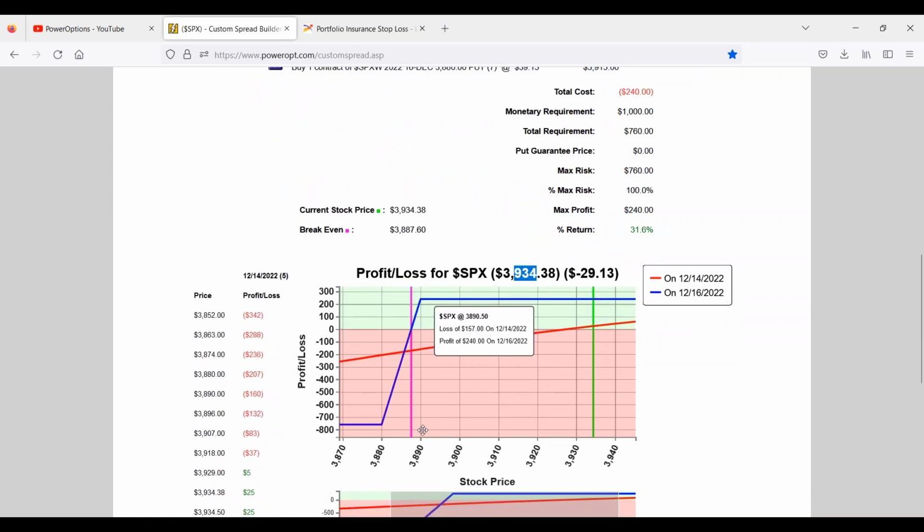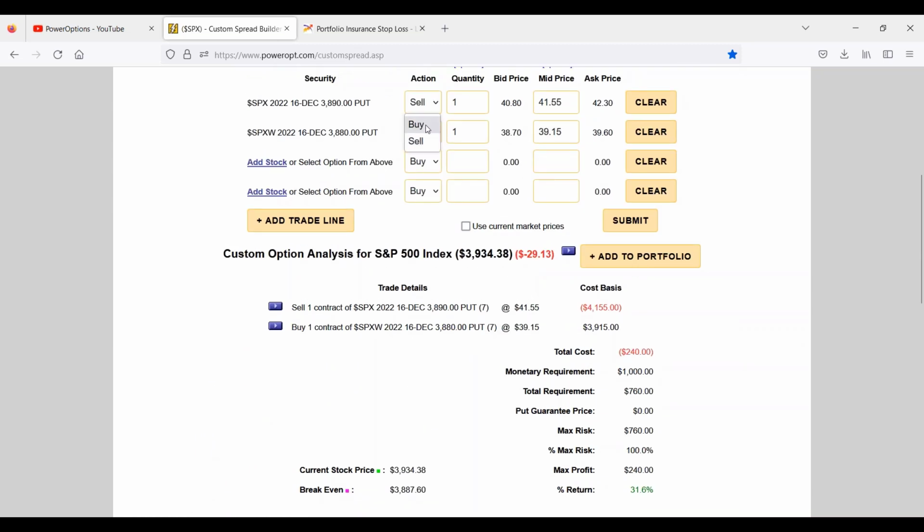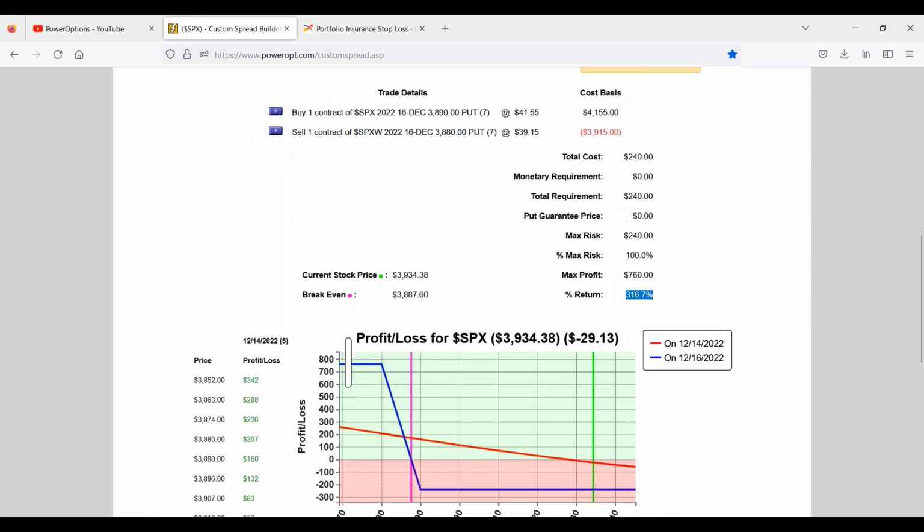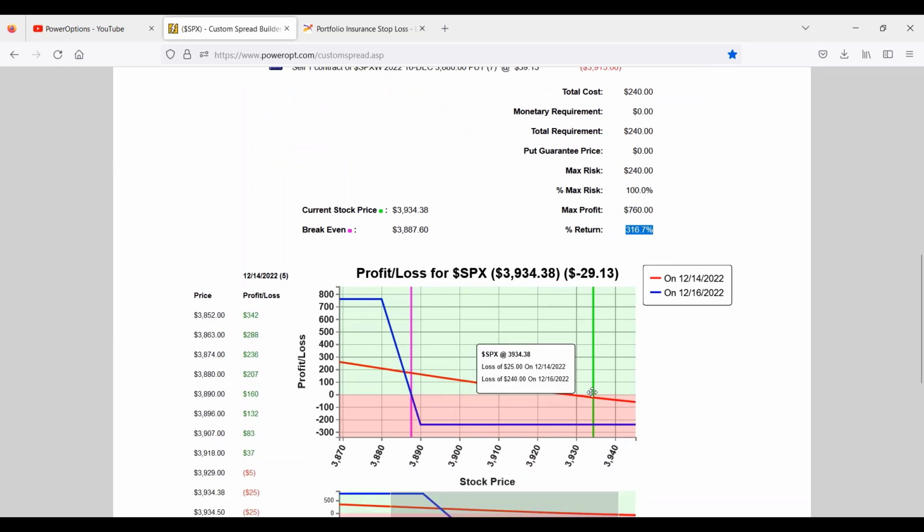This is the trade that he wanted. Unfortunately, he had entered into the Bear Put Debit Spread, which is a 316% return. But in order to reach profit, SPX has to drop to 38.87, about 50 points down. And to reach the maximum profit, we've got to drop below 38.80 to close out the debit spread.